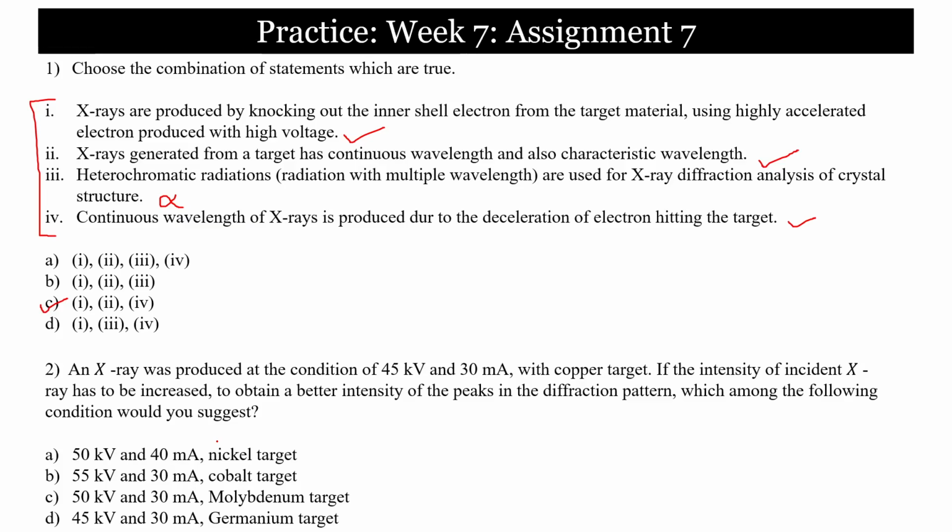We also discussed one formula where the intensity of your incident beam is directly proportional to your Z. So according to that, can anybody suggest what should be the correct option? Anyone, any guesses?